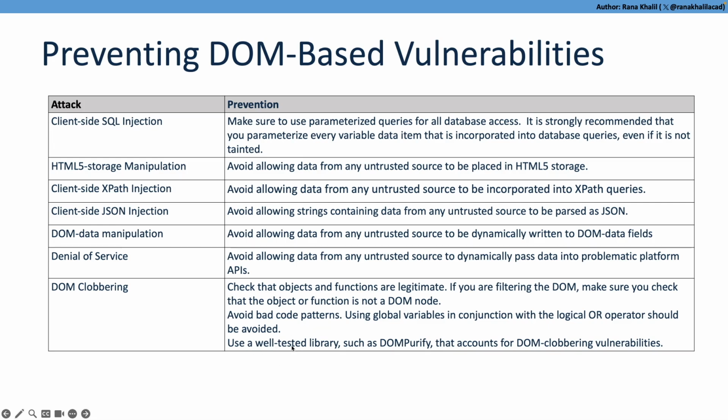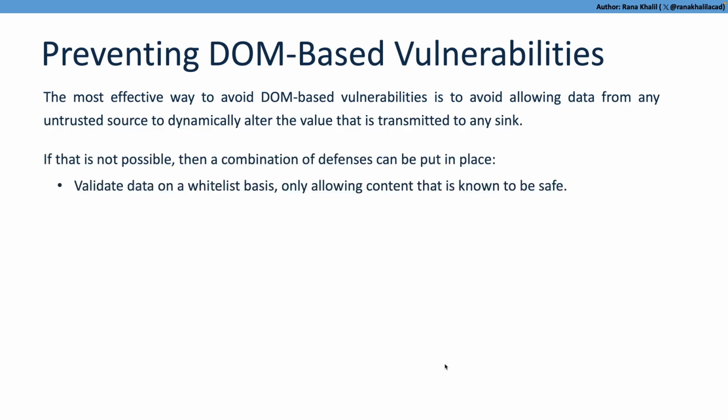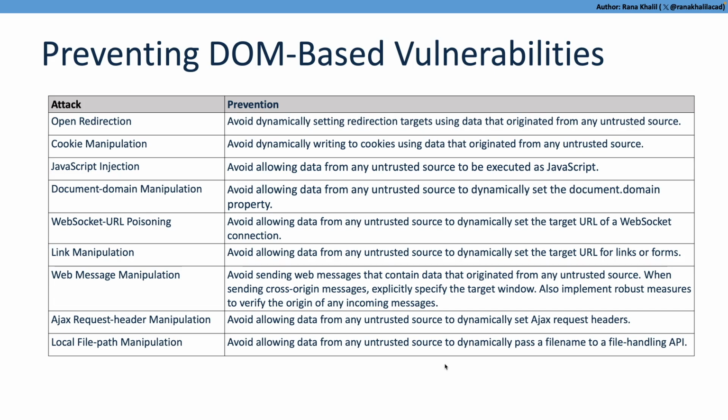And make sure that you use a well-tested library, such as the DOMPurify library, that mitigates several different types of DOM clobbering vulnerabilities. And that's pretty much it. So make sure that you use the general prevention mechanisms first, and then depending on the technologies that your application is using, make sure that you use the specific prevention mechanisms as well.